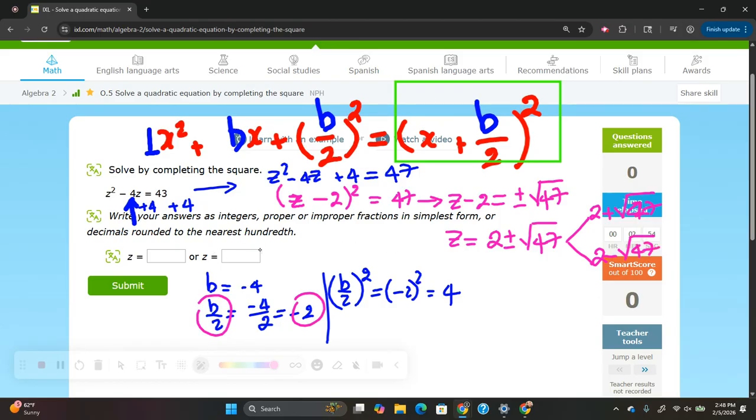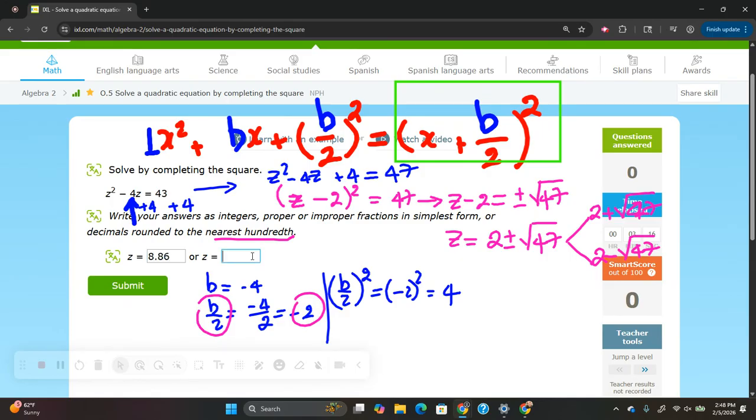So I punch in my calculator and I take 2 decimals. I got my calculator in my hand. I punch in 2 plus square root of 47, and I come out 8.86. So I go over here, I put in 8.86.